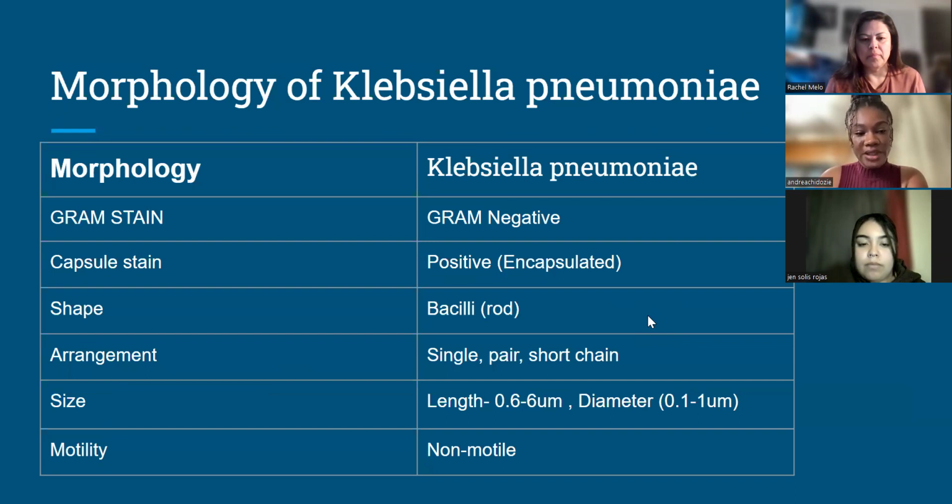The shape is a bacilli shape, which is rod shaped. The arrangement usually appears as a single cell or as a pair or short chains. The size usually ranges from about 0.6 to 6 micrometers in length and 0.1 to 1 micrometer in diameter. For the motility test, it is non-motile.